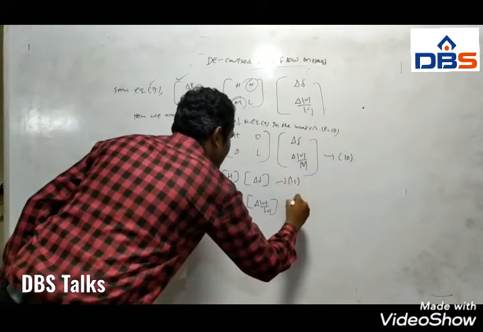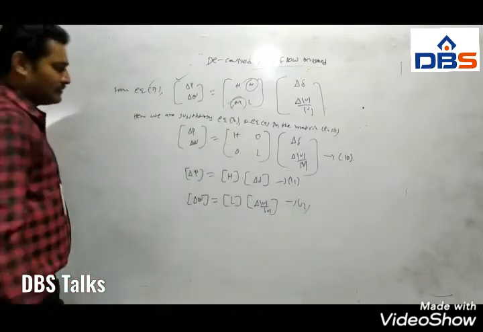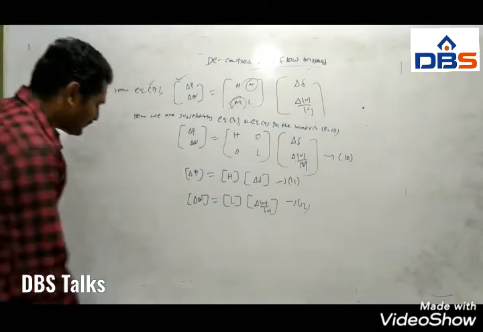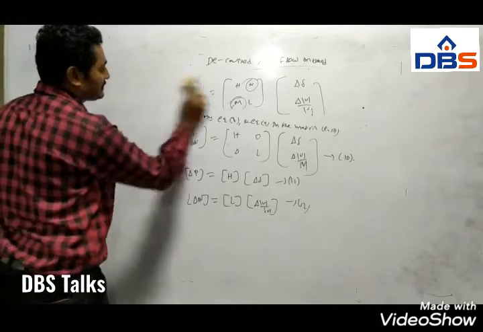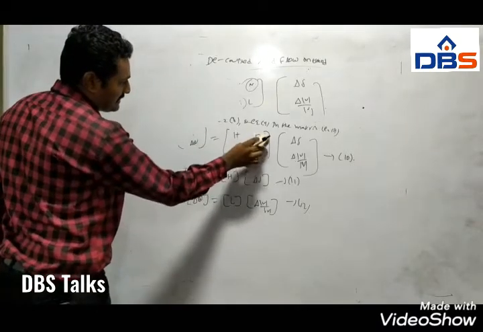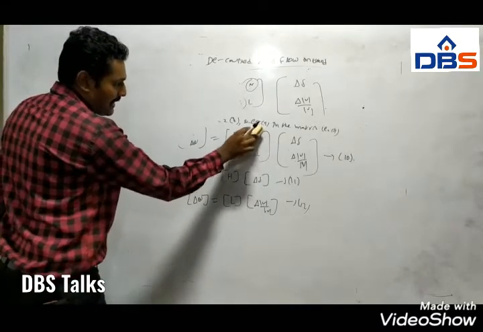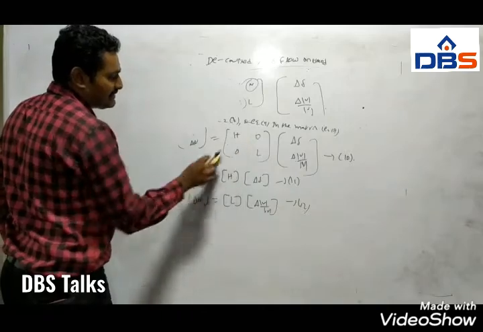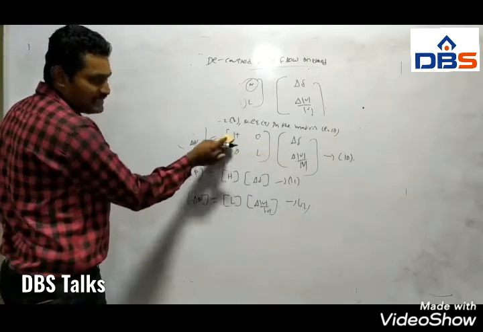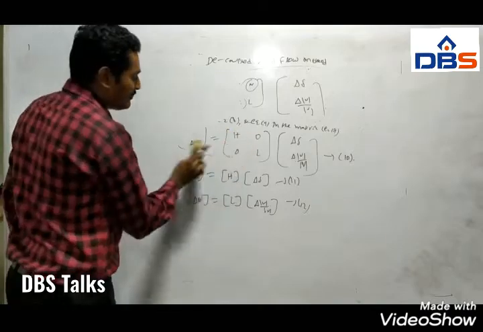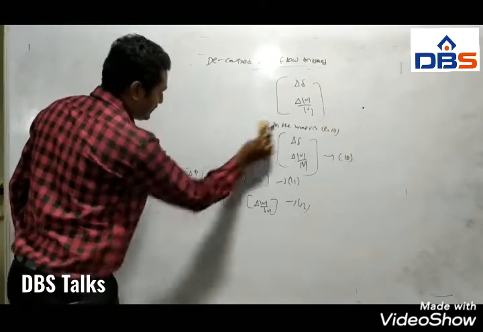Treat these equations as 11 and 12. After forming these two equations, we take the off-diagonal and diagonal elements of H and L only, because N is 0 and M is 0, so we have only two Jacobian elements, H and L. For these two Jacobian elements, we form the off-diagonal and diagonal elements.